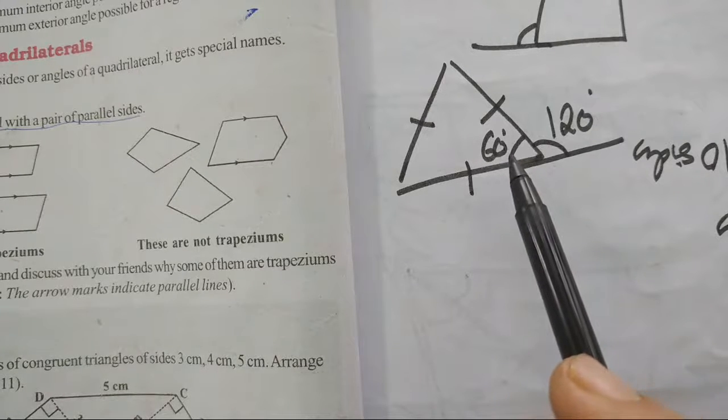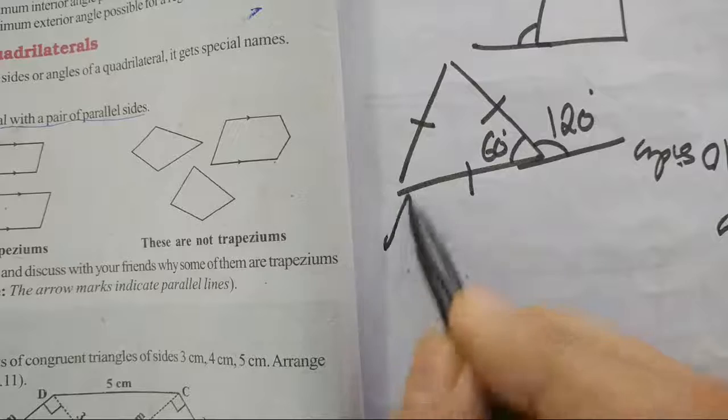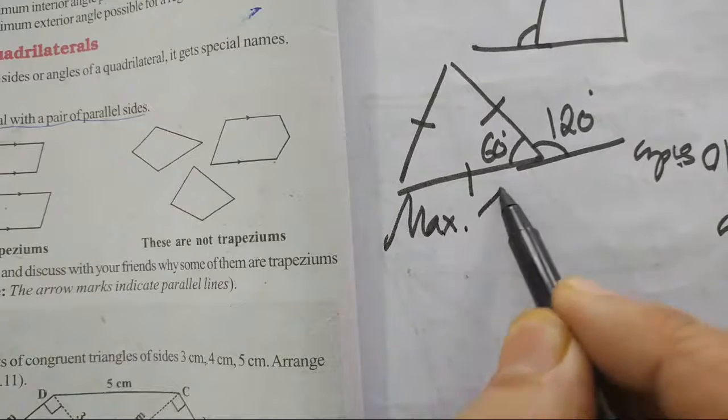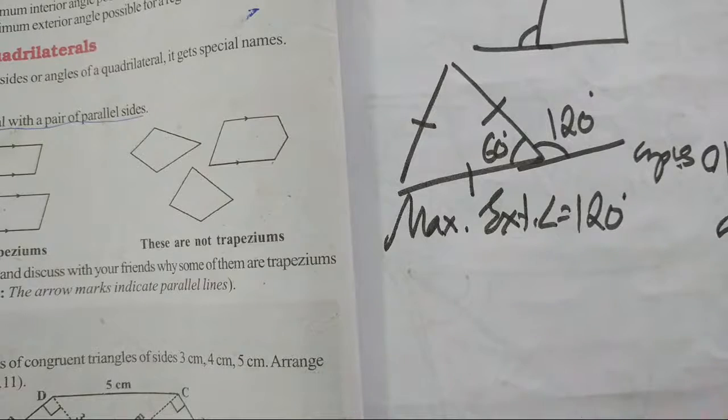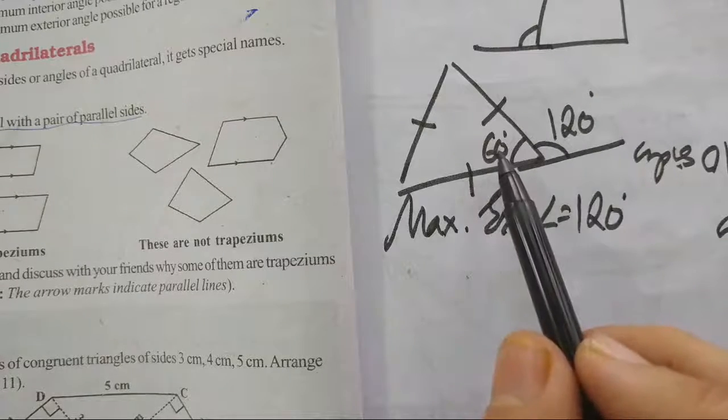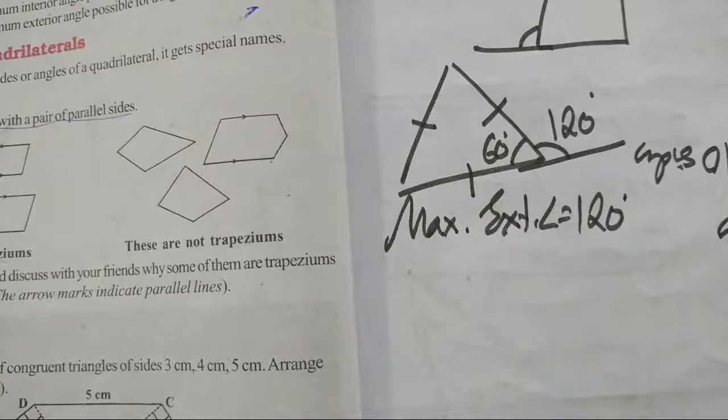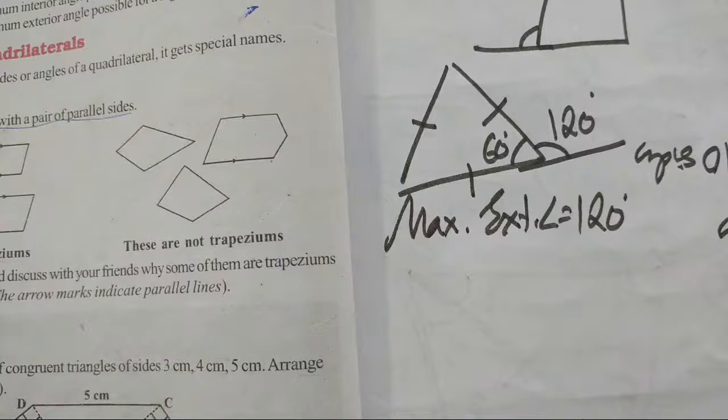Therefore you will write that the maximum exterior angle should be 120, and then give an explanation with this figure, that the exterior angle is 120 because the possible figure is an equilateral triangle.